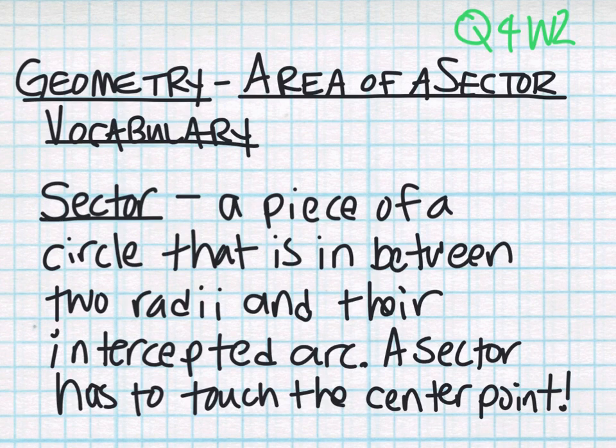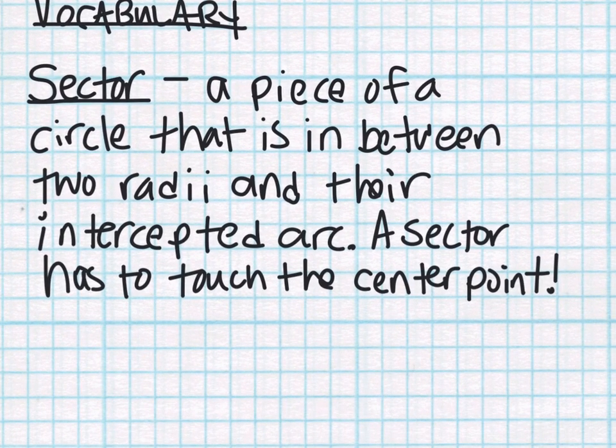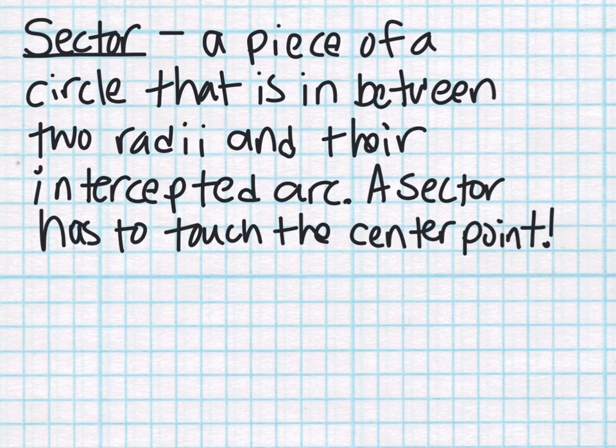So what does this look like? Let's get a little bit more space on the screen. So I'm going to slide down and I'm going to draw a circle. Okay, here's a circle.